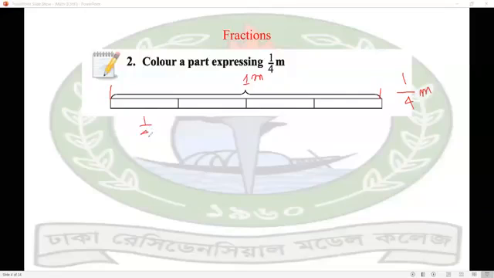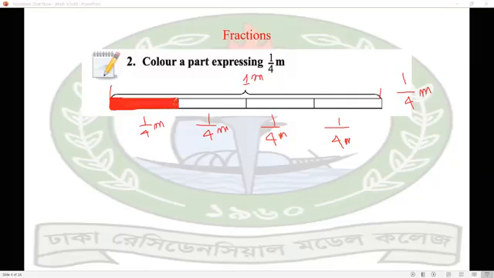This part is also 1/4 meter. This part is also 1/4 meter. This is 1/4 meter, and this is also 1/4 meter. But you have to color 1/4 meter. So we can color it by choosing a red color in this part. So the red color is coloring the part whose length is 1/4 meter.